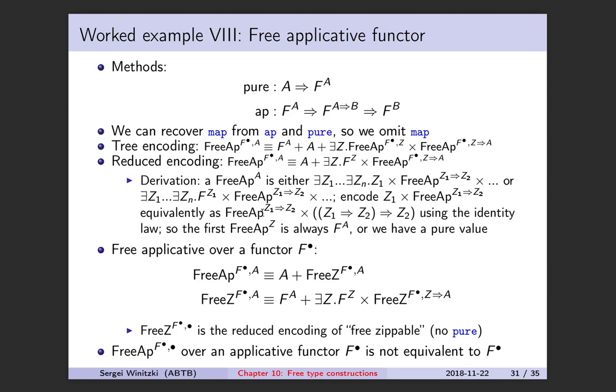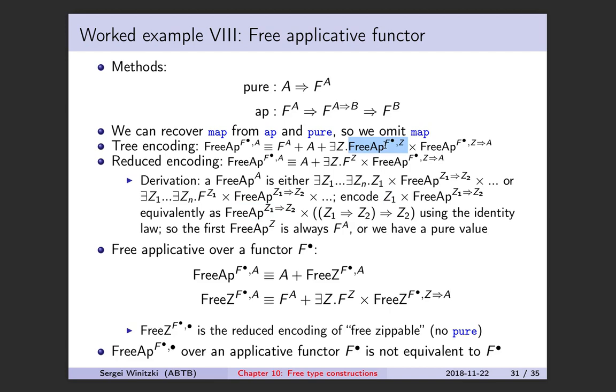So it's going to be equivalent to a free app on the left, just the one that is on the right, we put it on the left, and on the right we put some other thing. So that means the first one does not have to be a pure value. The first value in this product does not have to be a pure value.